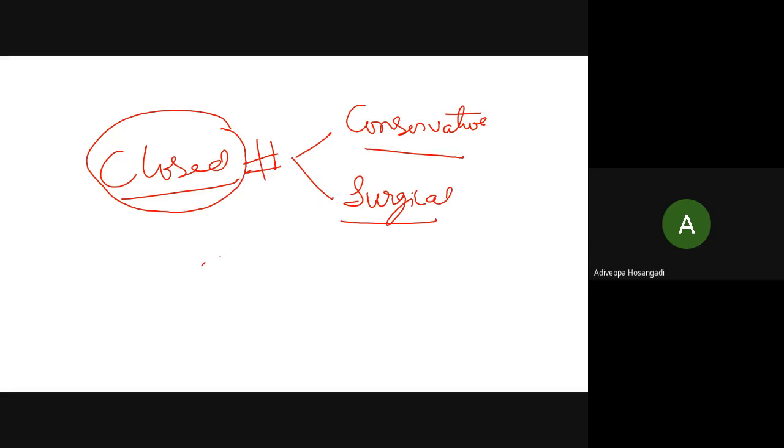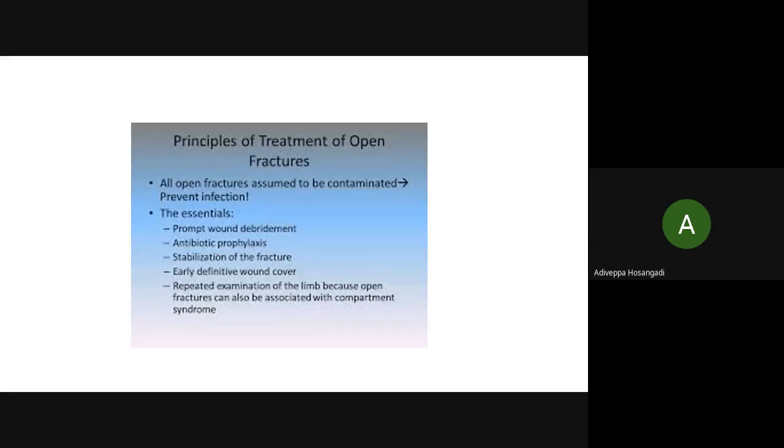But open fractures, so what are the goals, what are the principles of treatment of open fractures? All open fractures are assumed to be contaminated. Why it is important is the hematoma: the main healing driving force for fracture healing is fracture hematoma.